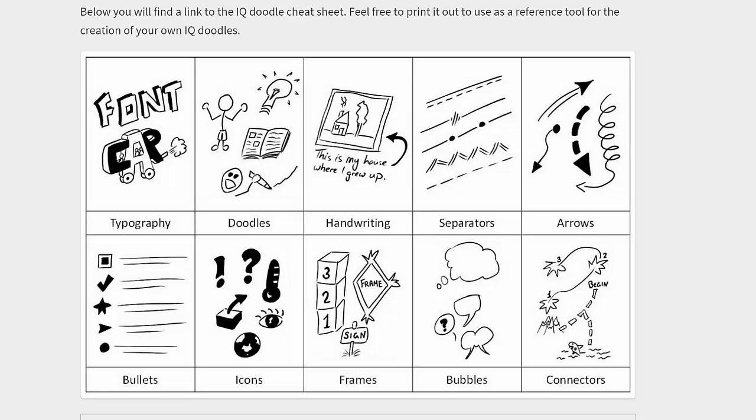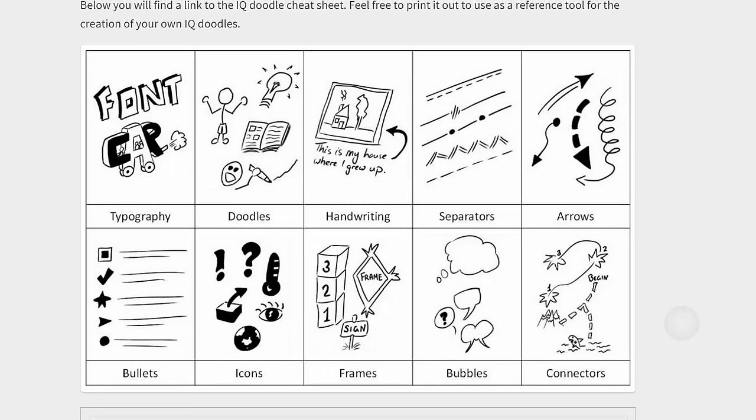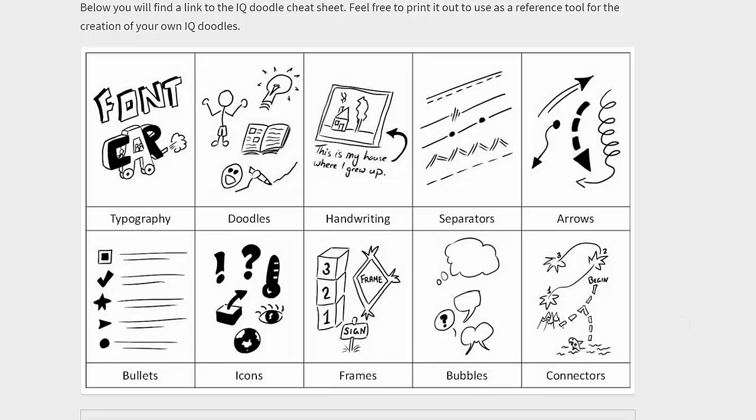7 or 8 days. Now, I've created for you an IQ Doodle cheat sheet, and this goes through pretty much everything that we've covered over the course of 40 days. So we've obviously worked on doodles, and we've had some practice working on fonts and different types of typography.